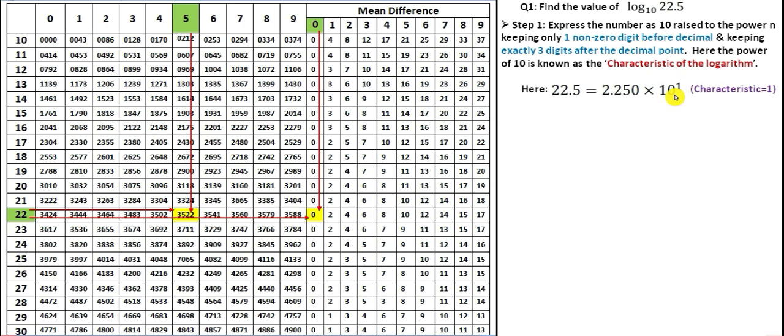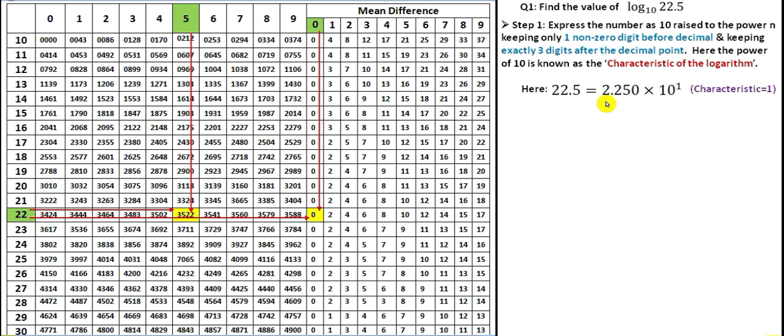In this place there must be exactly 4 digits, and before the decimal there will be only one non-zero digit. You cannot keep 0 there. After the decimal the other 3 digits will be there. After the decimal the digits can be 0 or non-zero as per the requirement, but before the decimal there must be one non-zero digit.